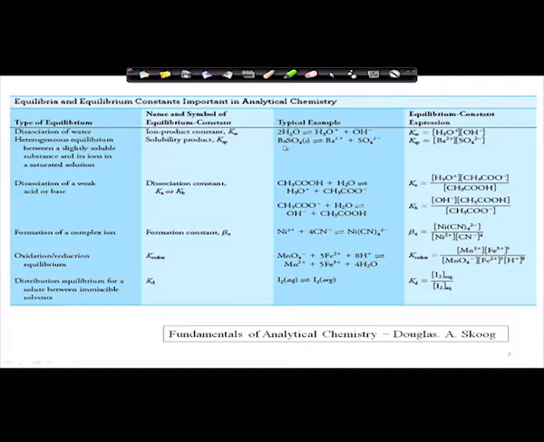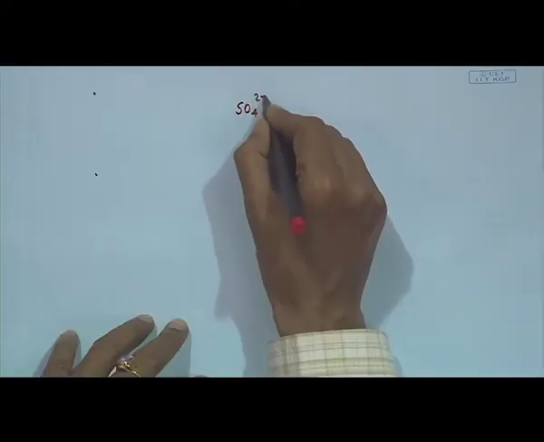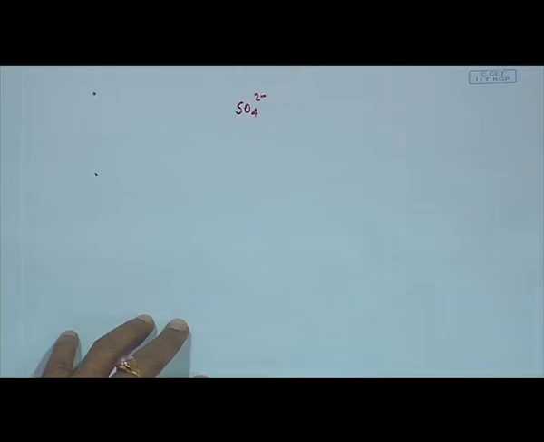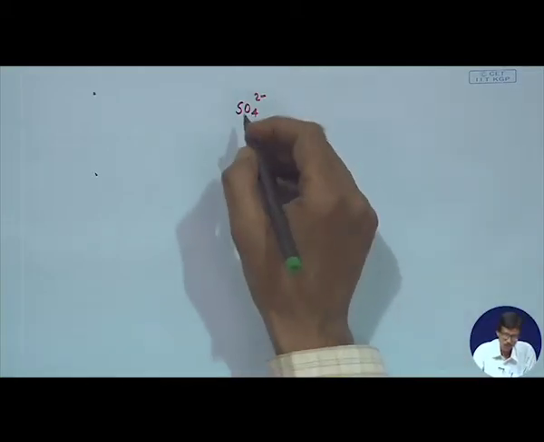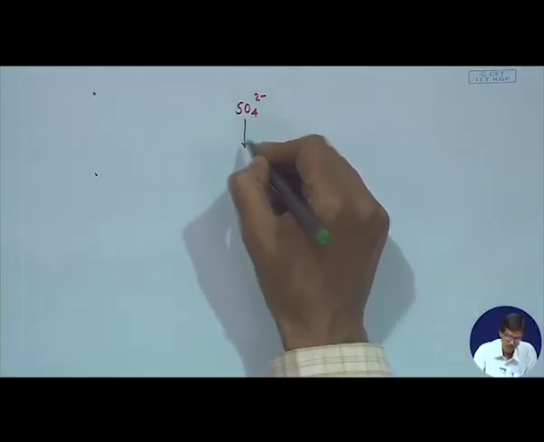The formation of barium sulfate, as we all know, is a very important reaction which we can study in terms of the qualitative identification of sulfate ion. If we have SO4 2 minus ion and we want to identify it, we all know it is a very simple reaction we follow.